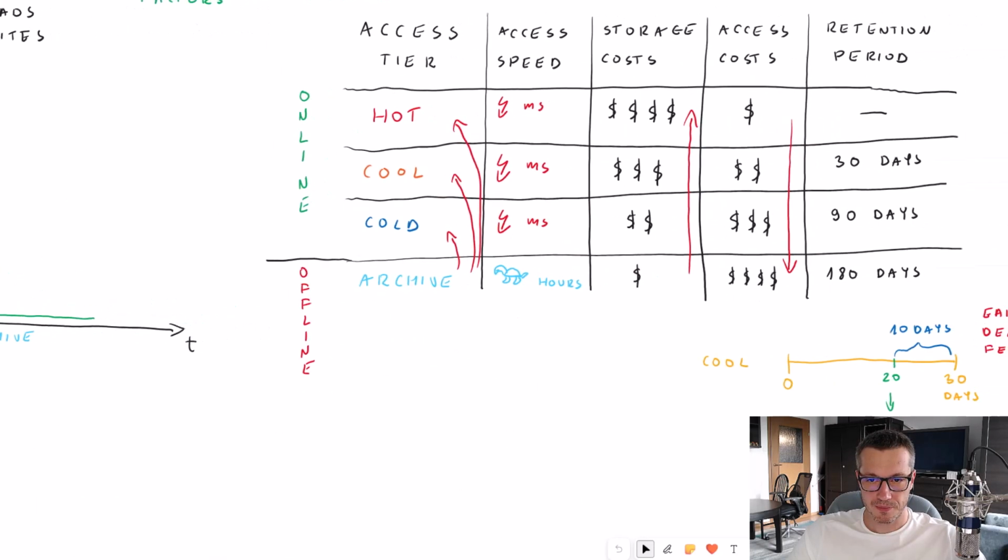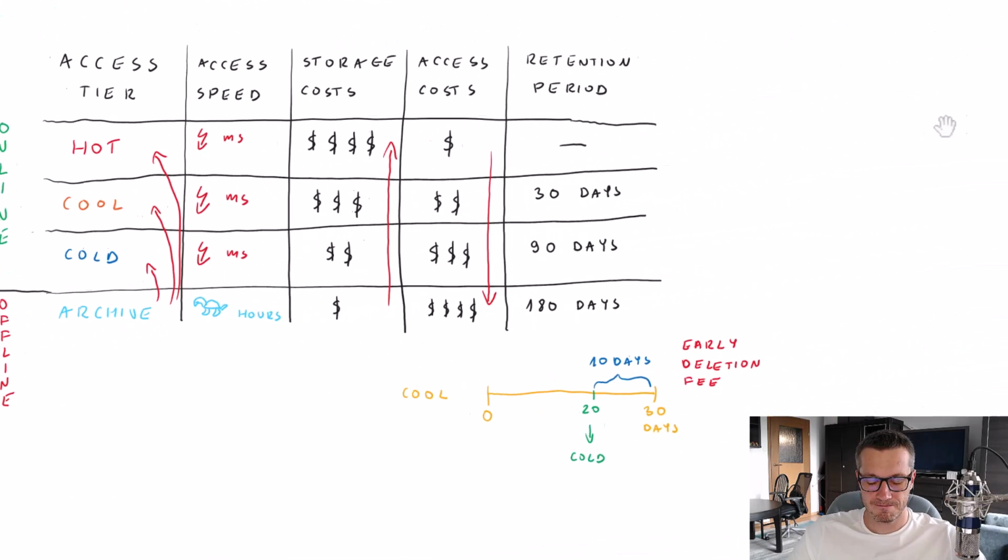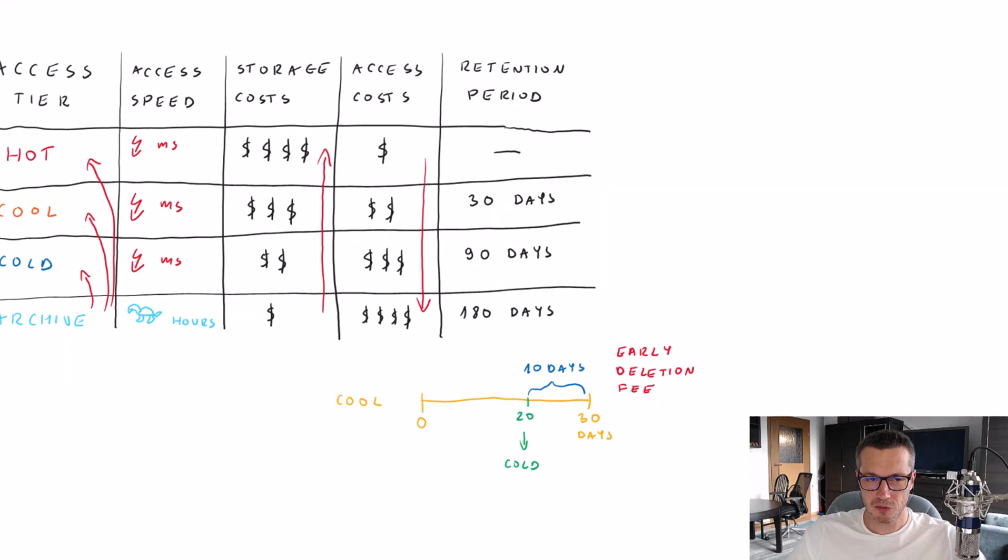All right, but how to move those files from one tier to another based on the usage? So basically moving every file manually is a bad idea.